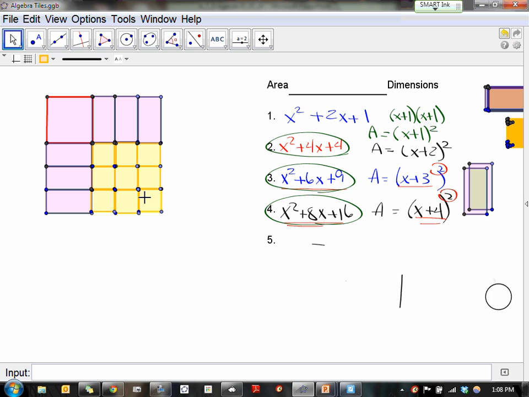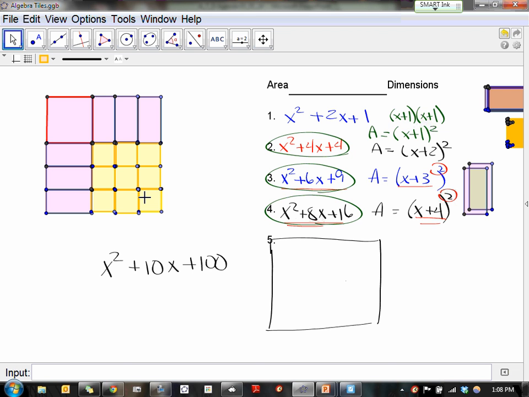Not everybody all at once. Okay, Cody, go ahead. X squared plus 10x plus 100. Let's put it to the test. What do you think the dimensions of your square are if you said that's the area of it? What did you think? Just X plus, yeah, X plus 10. You think it's an x plus 10 times an x plus 10?